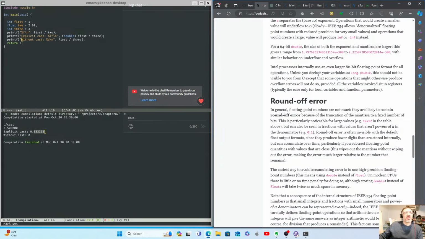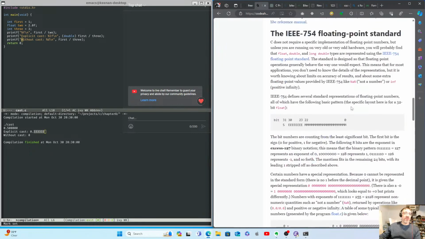Intel processors internally use an even larger 80-bit floating point format for all operations. Unless you declare your variables as long double, this should not be visible to you from C, except that some operations that might otherwise produce overflow errors will not do so, provided all the variables involved sit in registers, typically the case only for local variables and function parameters.